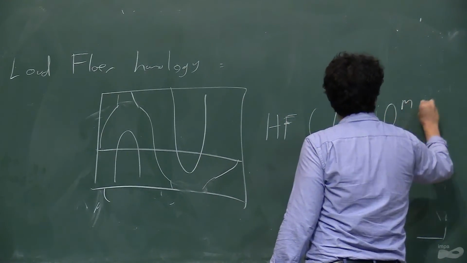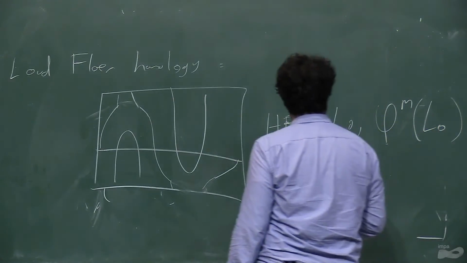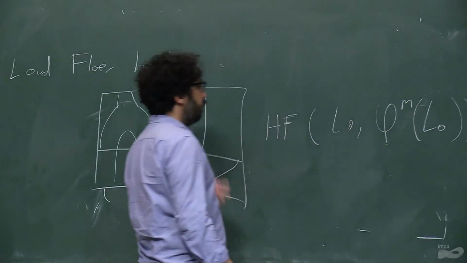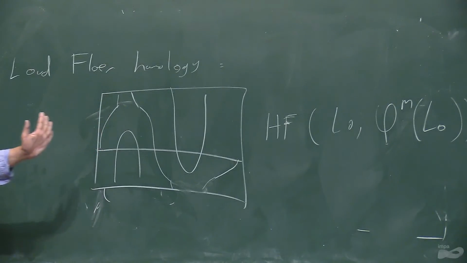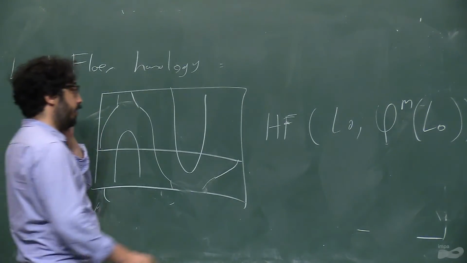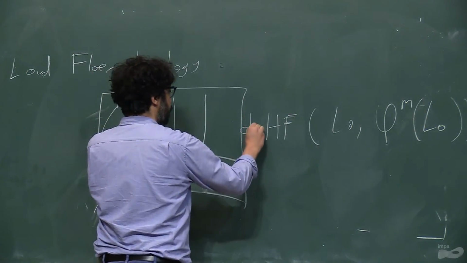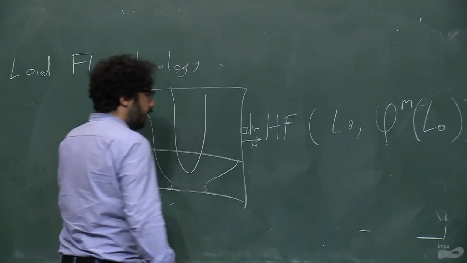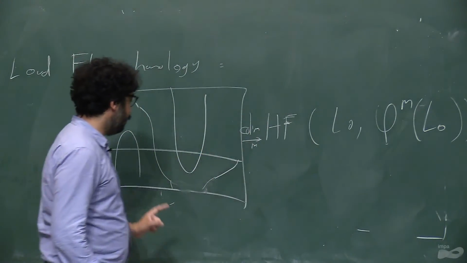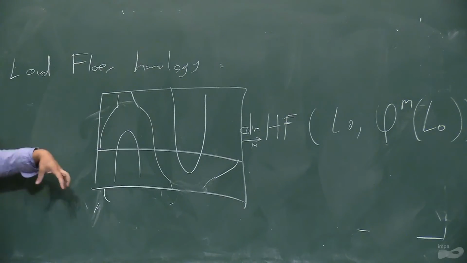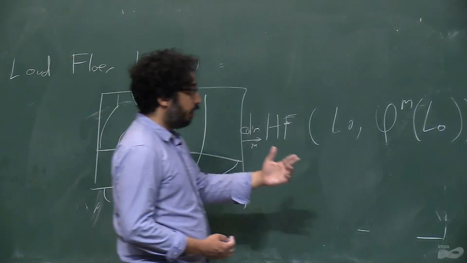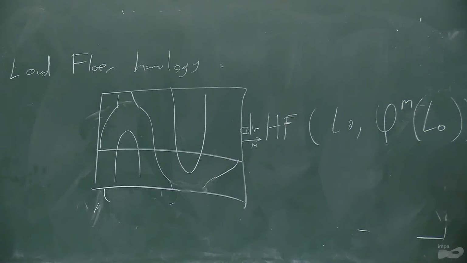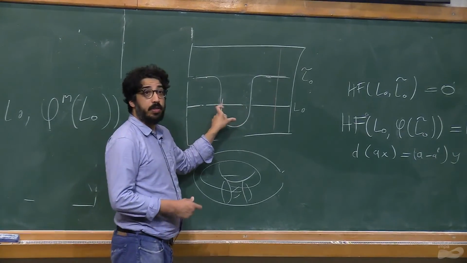So we have this phi_m of L_0, which is the Hamiltonian flow of a cosine function on the torus. And we take the colimit, and that gives you a complex. Observe that each time you create new intersection points, but also new two disks.